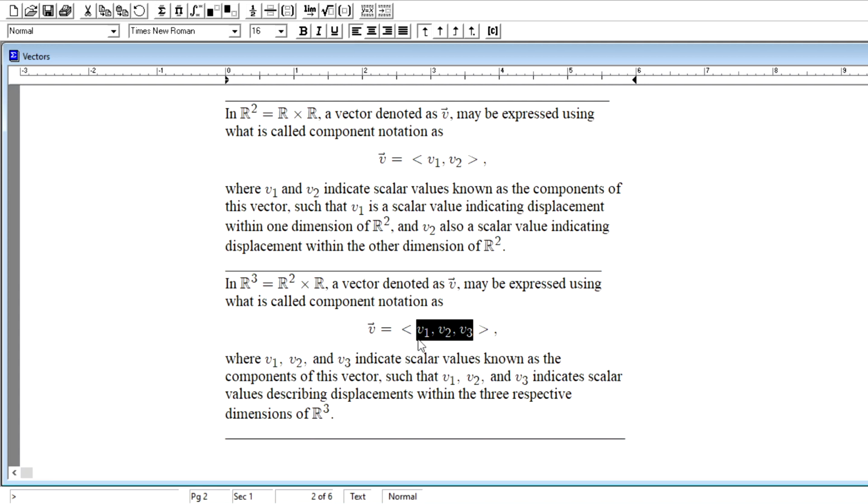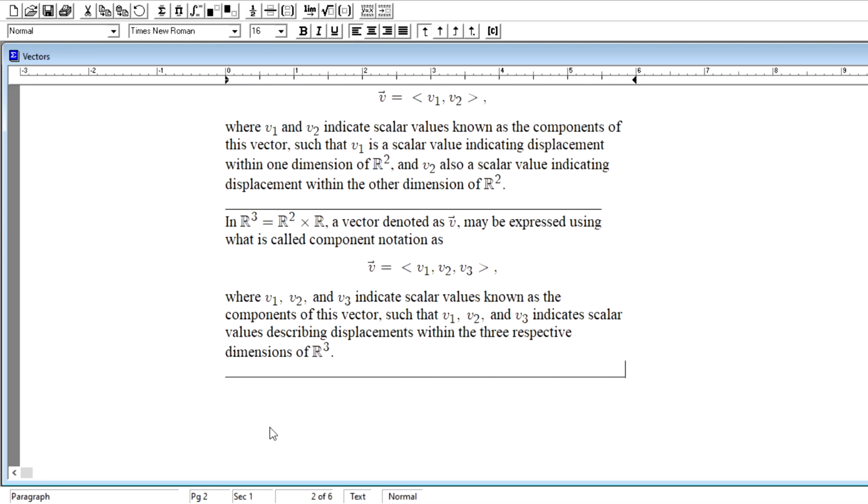They represent displacement in the x direction for the first component, the y direction for the second, and the z direction for the third. That displacement being a change in position that is also summarized with direction. You can move forward on the number line, or you can move backwards on the number line, a value of little v, the scalar value of little v, described by each one of these components.